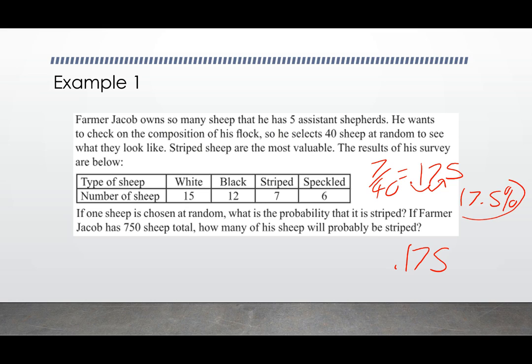Well, if I know that 17.5% of the sheep are striped, what is 17.5% of 750? To calculate this, we're just going to take my probability, which is 0.175, and multiply it with 750. So this will give me the number of sheep, or the 17.5% of 750 that I'm looking for.